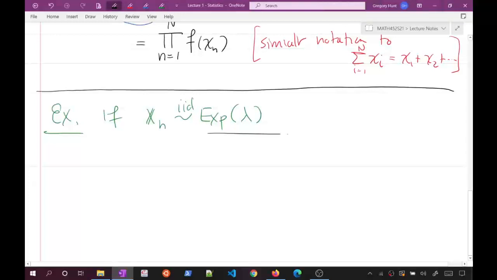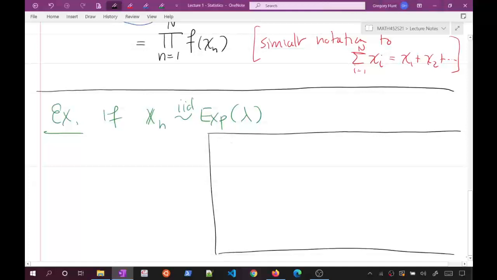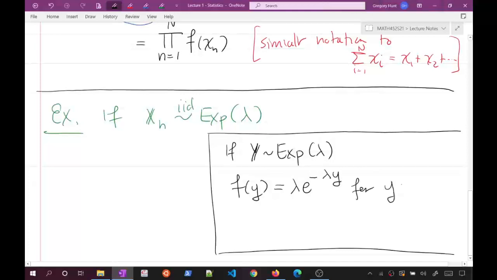So to refresh your memories, if some random variable y has an exponential lambda distribution, then the marginal PDF, so exponential is a continuous random variable, the marginal PDF is lambda e to the negative lambda y, and this is for y bigger than 0.